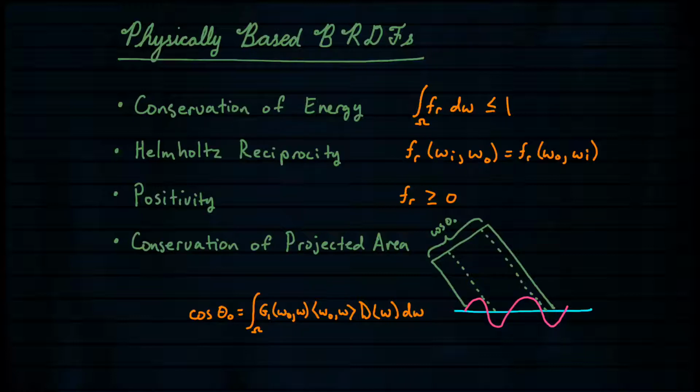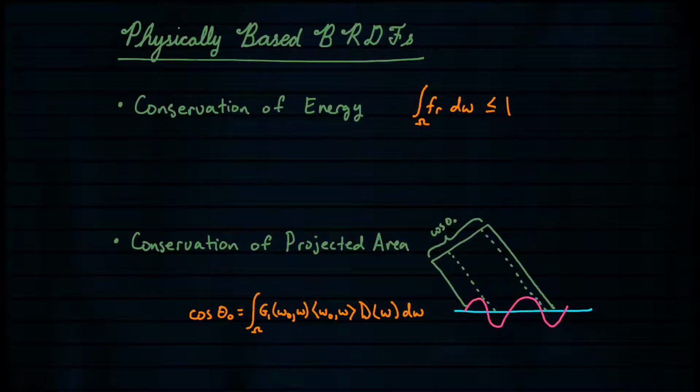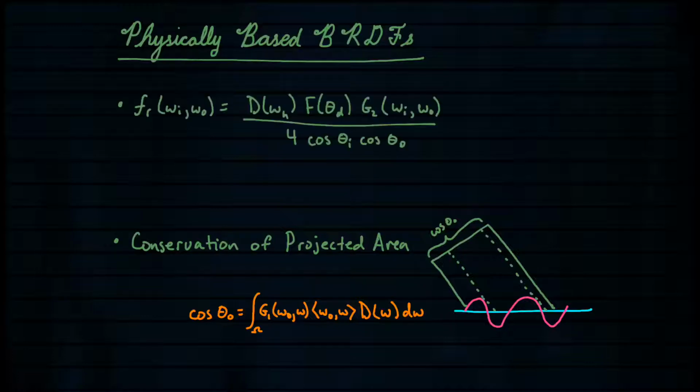I'm just going to erase this top part real quick. So we have what's normally known as the Cook-Torrance model, which basically says that the reflectance of a microfacet model is dependent on one, the microfacet distribution.